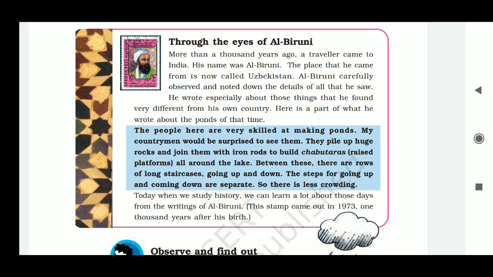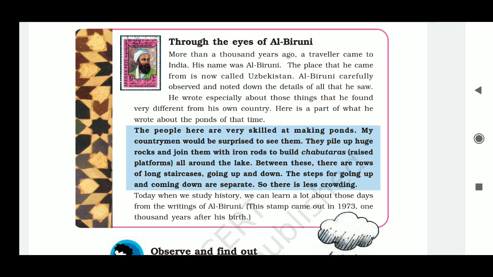The place that he came from is now called Uzbekistan. Albiruni carefully observed and noted down the details of all that he saw. He wrote specially about those things that he found very different from his own country. Here is a part of what he wrote about the ponds of that time.